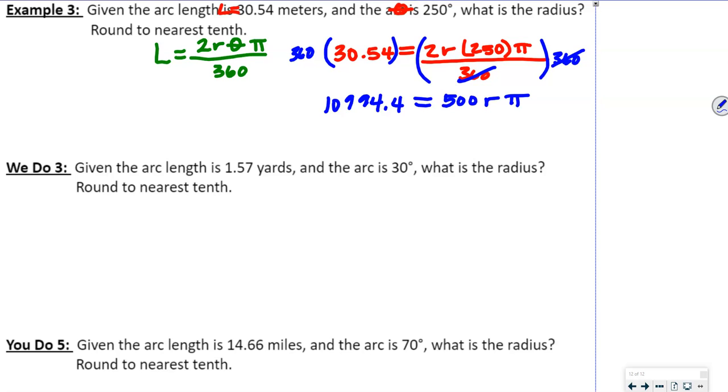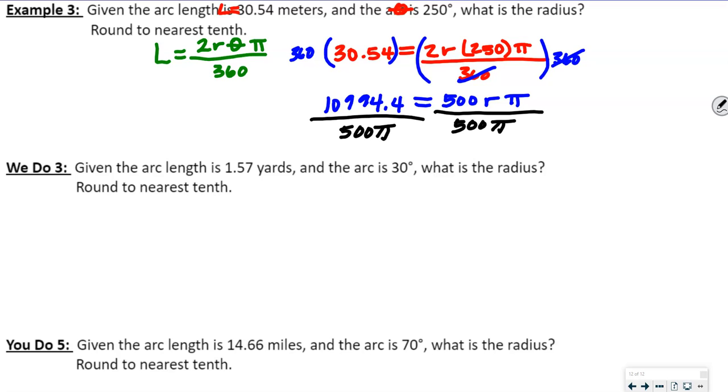So once again, we can now divide this by 500 pi and this by 500 pi, right? When you divide both of those by 500 pi, I got that the radius is equal to 6.99 and then another 9, so it actually rounds up to 7 meters, because the digits keep rounding up, okay?